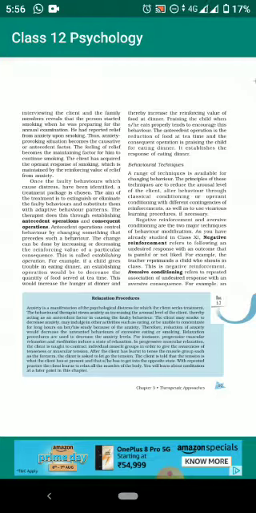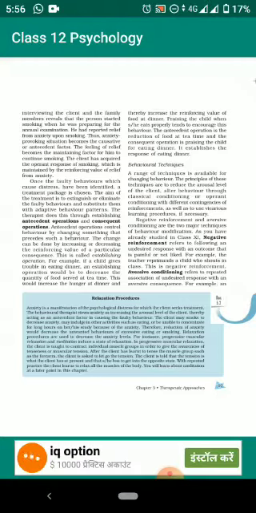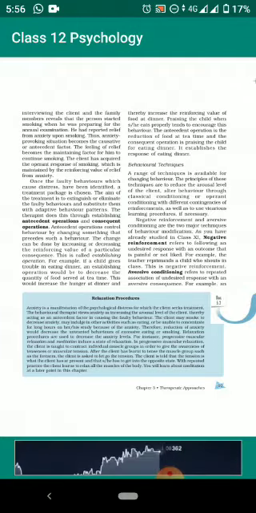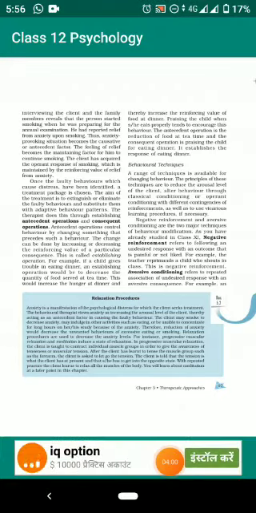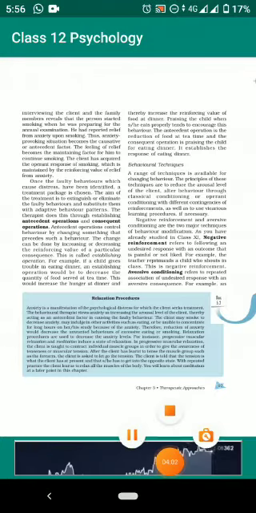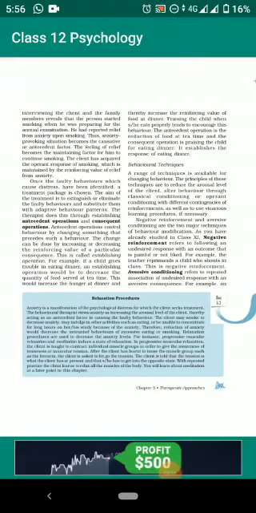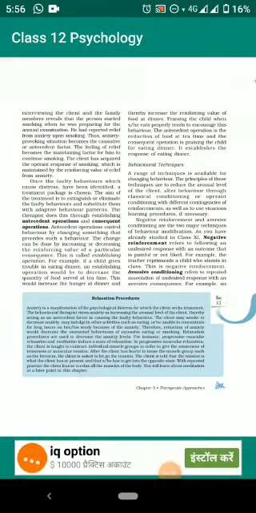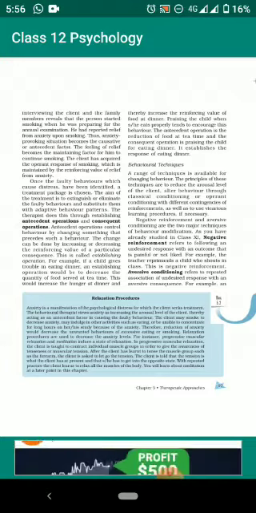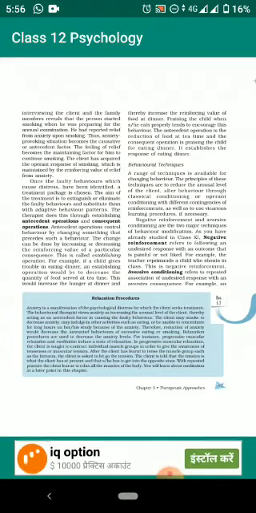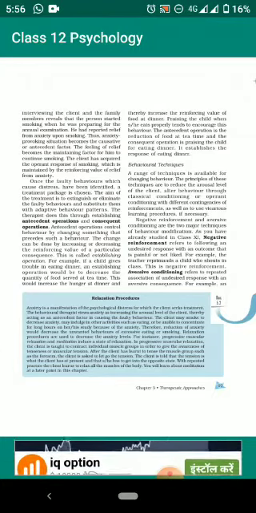Aversive conditioning refers to repeated association of an undesired response with an aversive consequence, in which the consequences are not very pleasant for the client. This could be understood with a simple example: an alcoholic is given a mild electric shock and asked to smell the alcohol, which leads to his leaving alcohol.